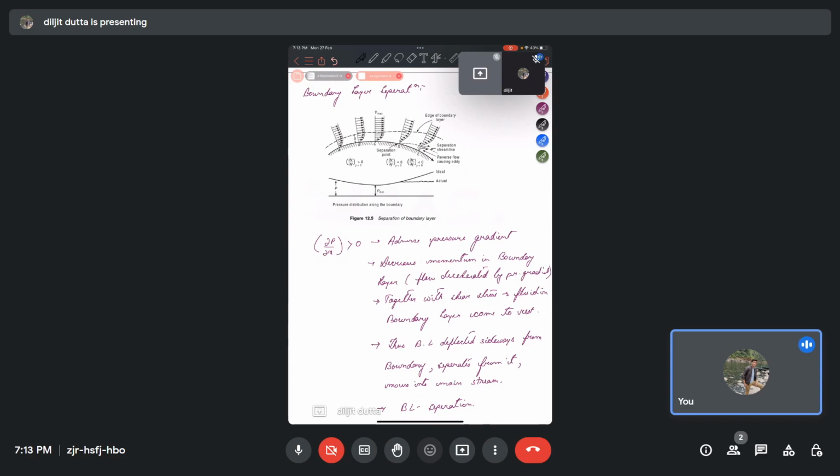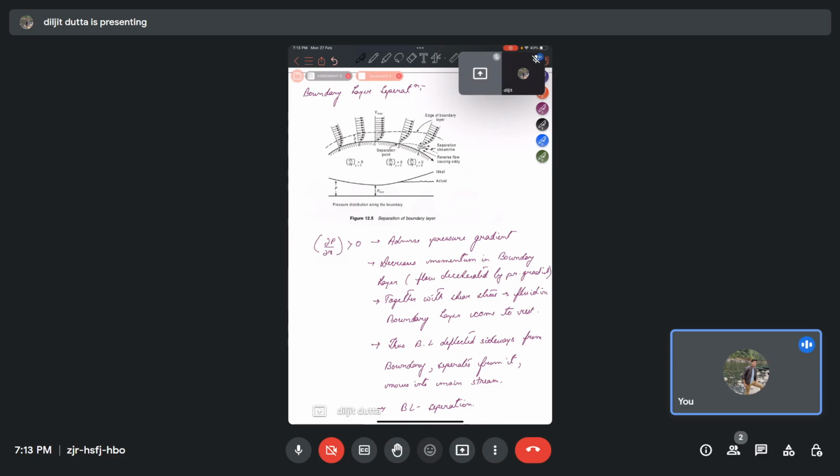Flow always goes from high pressure to low pressure, so if the pressure gradient is adverse, the flow is extremely retarded, and also the shear stress that is already retarding the flow in the boundary layer will retard the flow further.